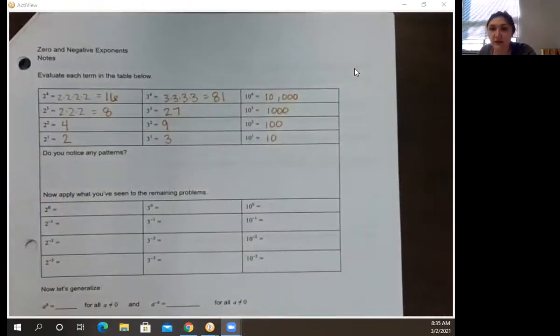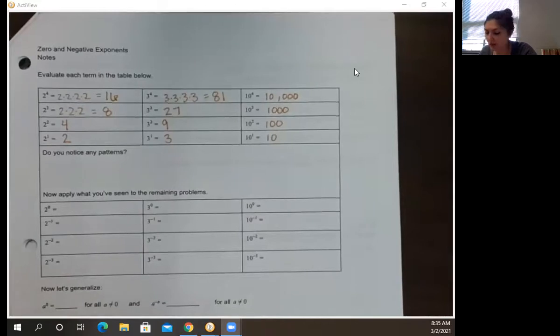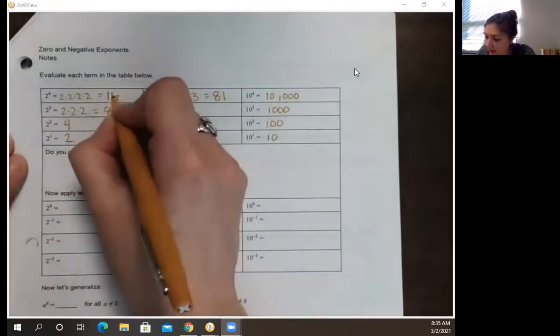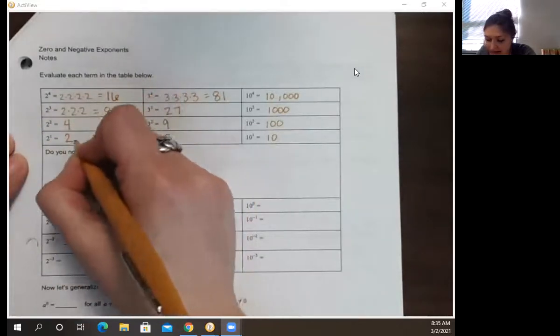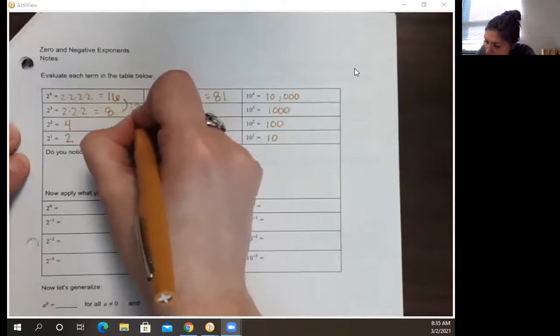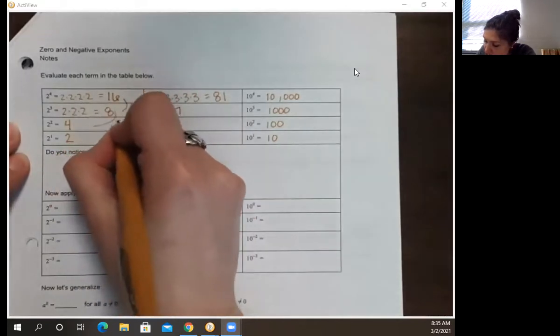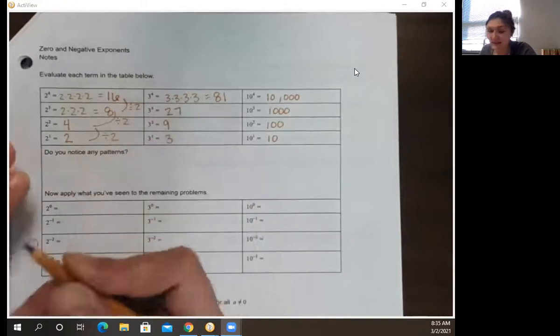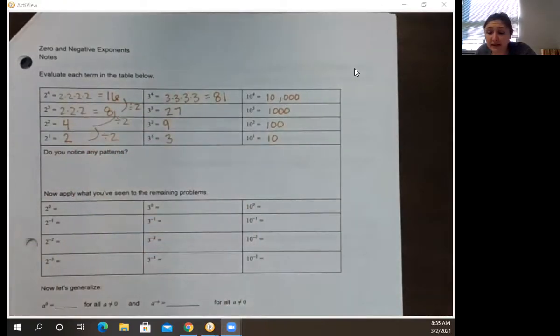So we looked at a couple different examples of exponents in play. I want you to notice that as we reduce that power for the 2's, we're actually dividing by a factor of 2 each time. It's kind of similar to a geometric sequence that you would have seen in Algebra 1.